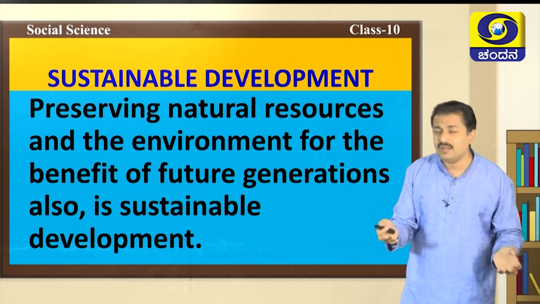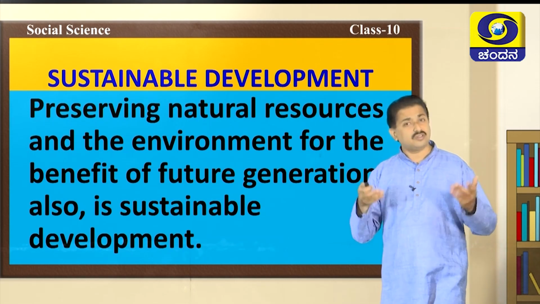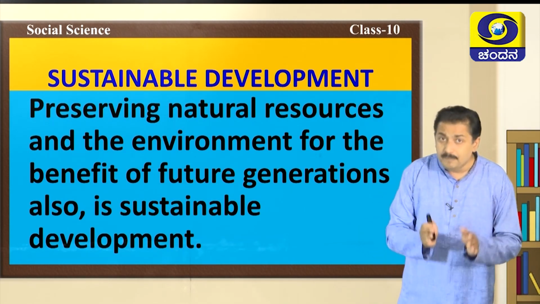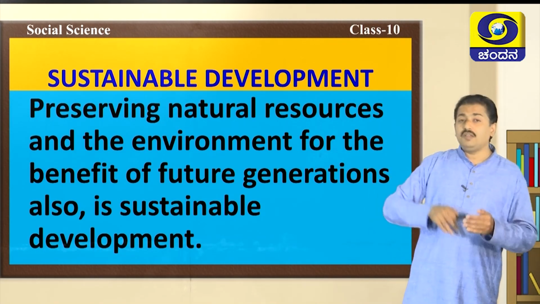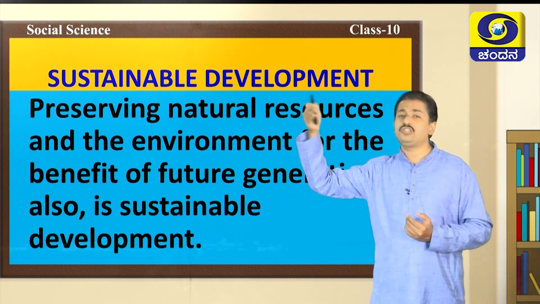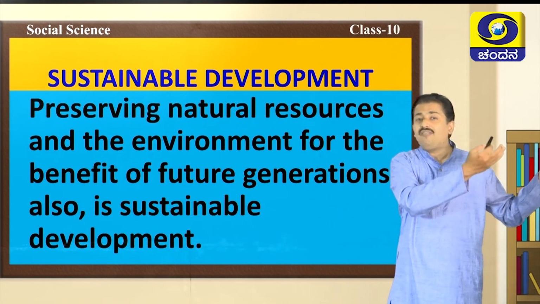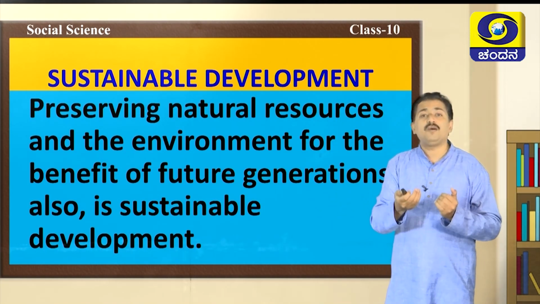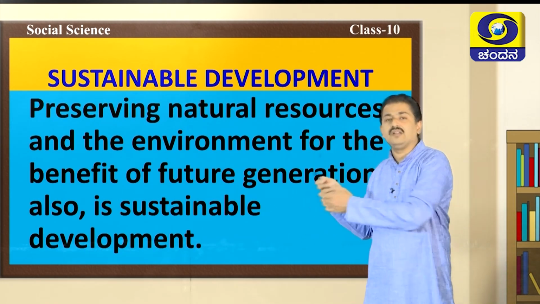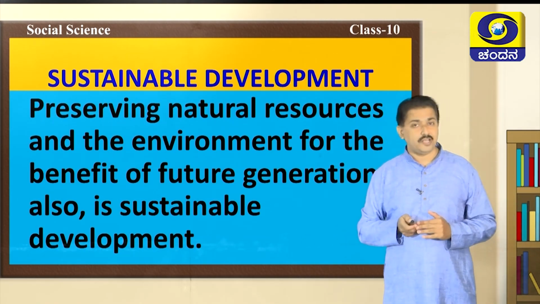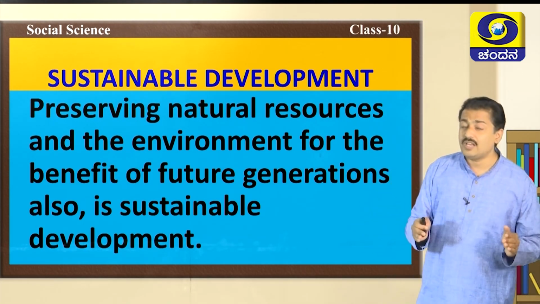Whatever we consume, the minerals or forest resource, water resource, land resource, it should be retained or maintained, so that even the coming generation also should enjoy the same. Whatever we have received from nature from our ancestors should be given to the next generation. That is our moral responsibility too. So, that is called sustainable development.